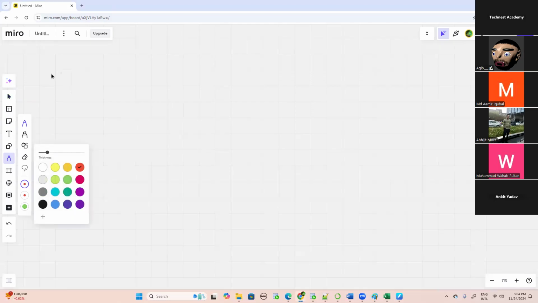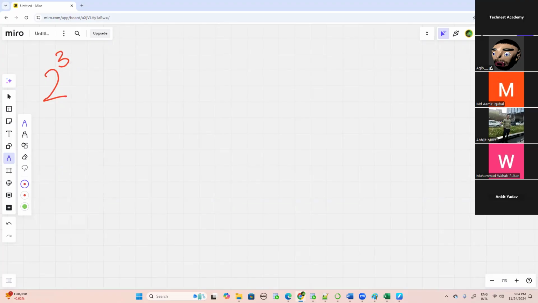Fine. Now, suppose I write here 2 to the power 3. What is the meaning of this? 2 multiplied 3 times. 2 to the power 3 means you have to multiply 2 by itself 3 times. So this will become 2 into 2, 4, 4 into 2, 8.